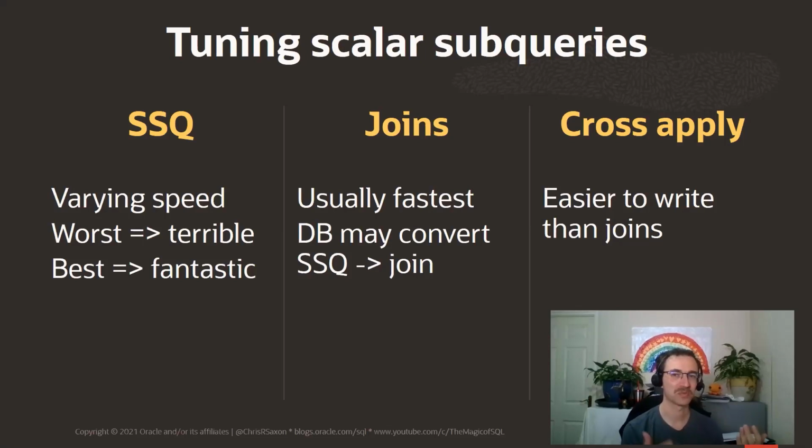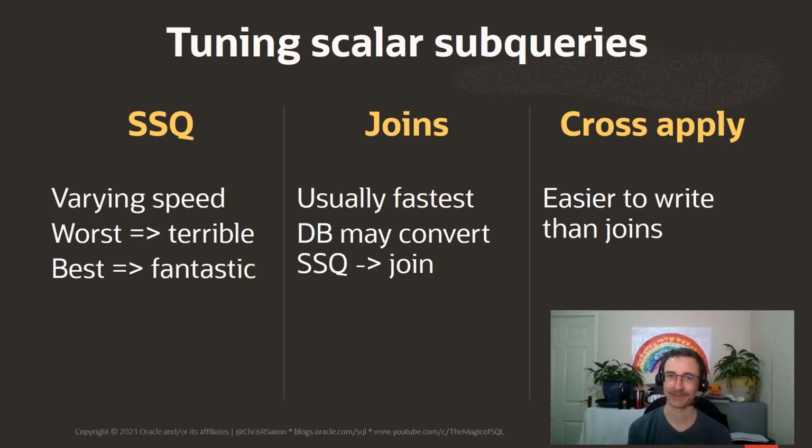Again, which do you want to use? The question you really need to be asking yourself here is, for that scalar subquery, how many different values do I expect it to have to process? If you're going from a parent to a child, so each value from the driving query is unique for that scalar subquery, start to get worried, right?